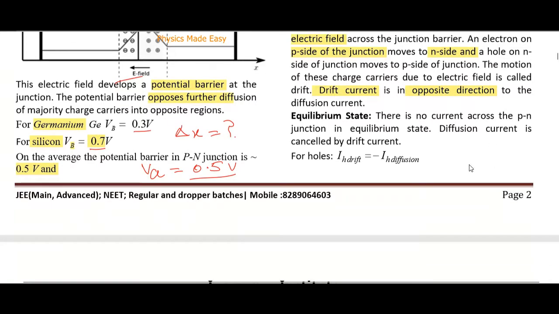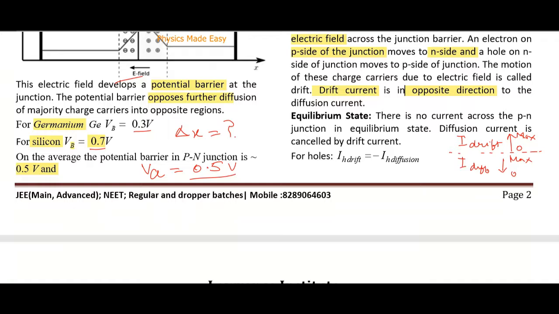So in equilibrium state, as I have stated in my previous lecture, that with the passage of time, drift current I_D grows up from 0, and diffusion current I_diffusion goes down from maximum towards 0, and this goes from 0 to max in this way.